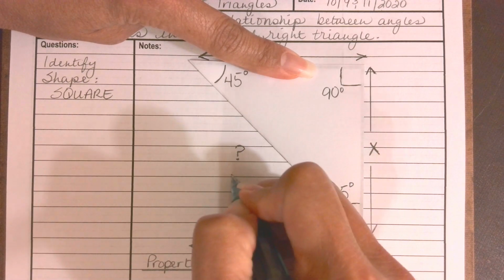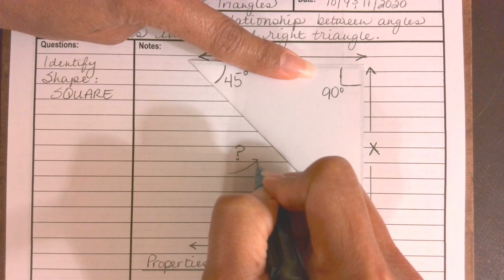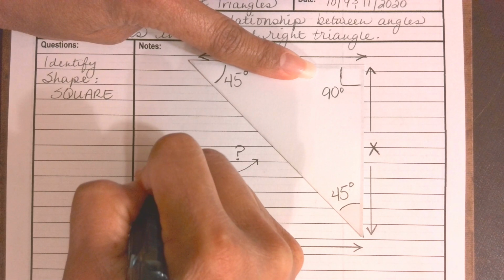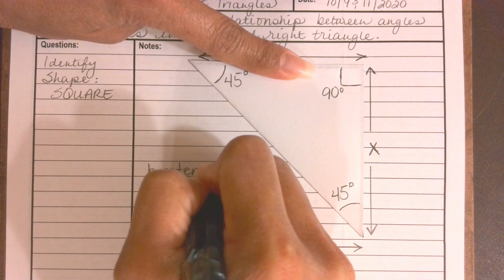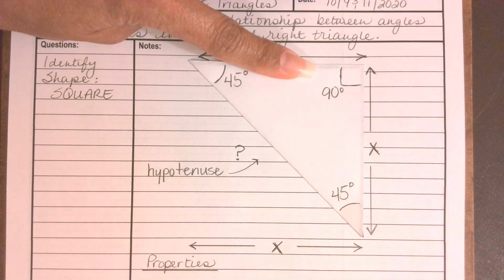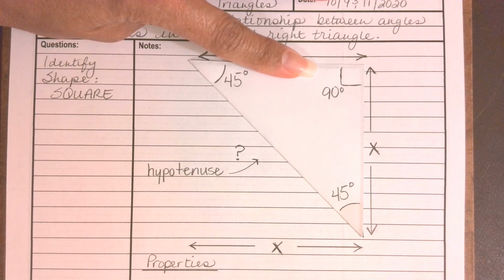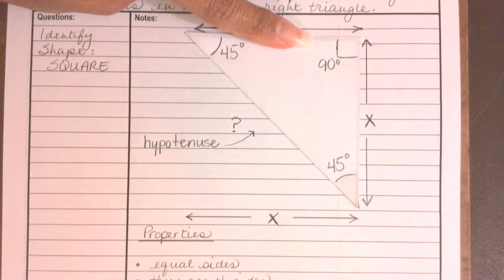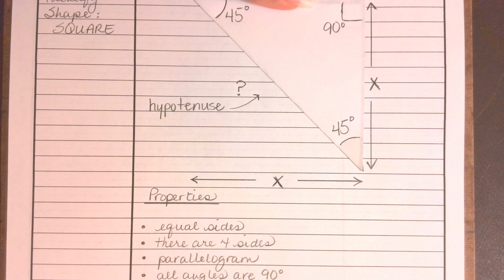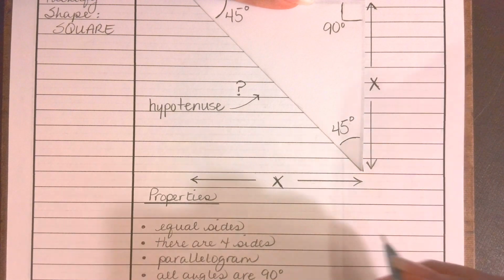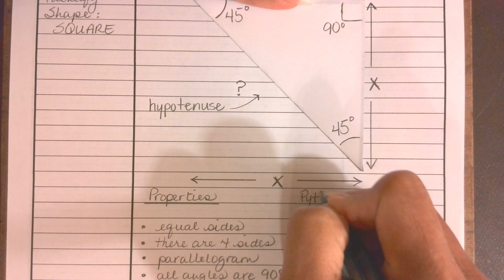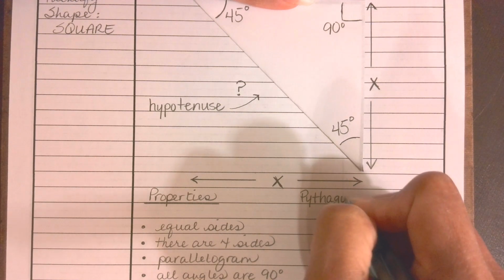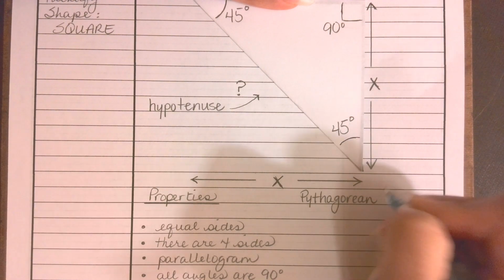Well, we just actually went over that the other day, and we need to find the length of the hypotenuse. So let's go ahead and do that. So what is used to find the length of a hypotenuse, or a missing side of a right triangle? Well, we resort to the Pythagorean theorem.